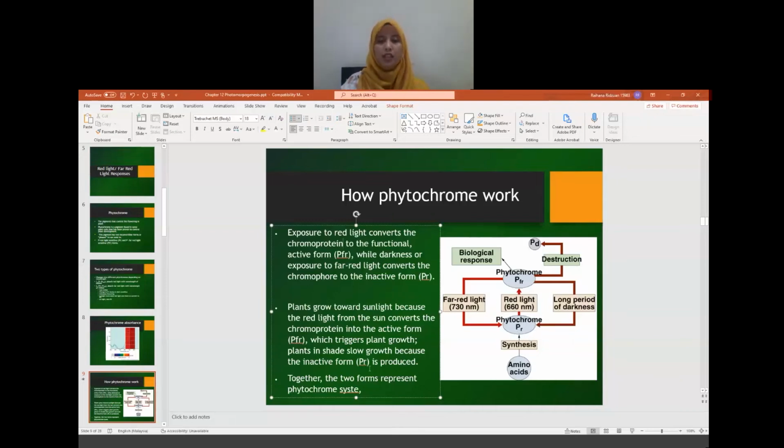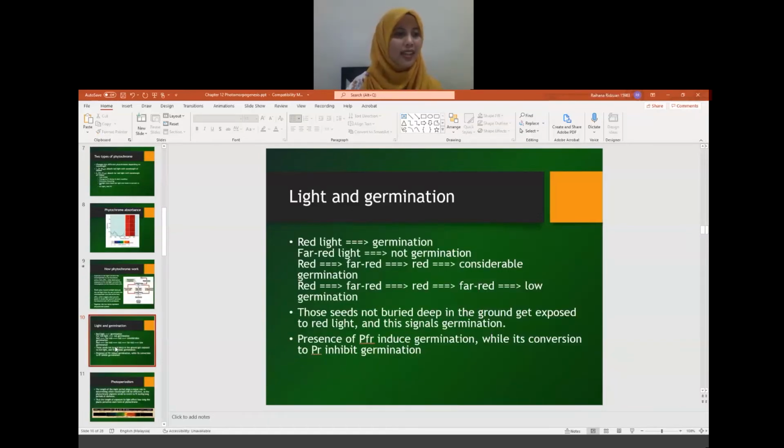Together these two forms of phytochrome represent the phytochrome system. So we have finished with the phytochrome in darkness and light conditions.